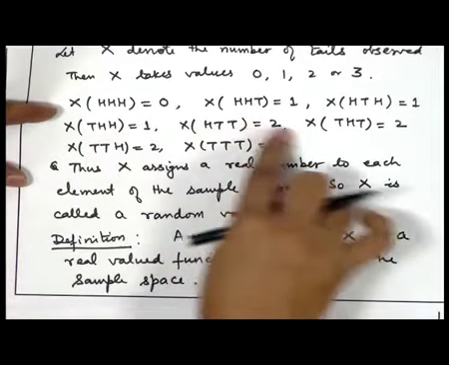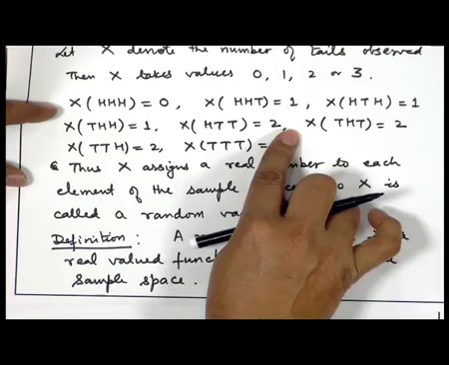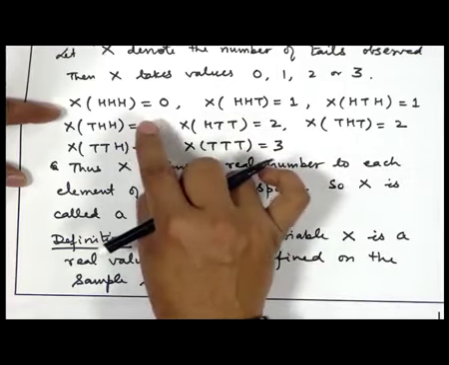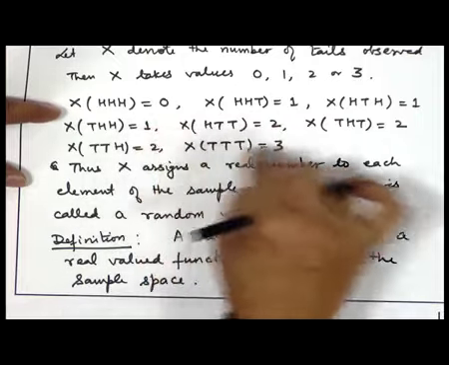Consider this example of tossing of 3 coins. If I assume the coins to be fair, then we can calculate the probabilities here of each value.